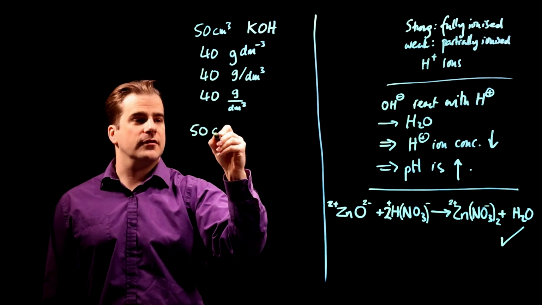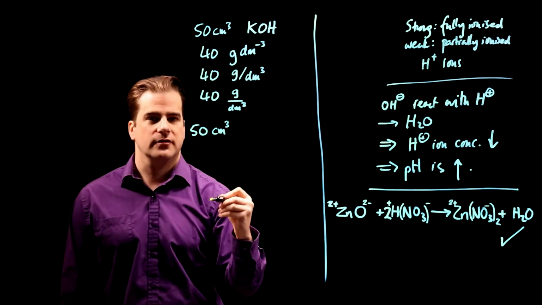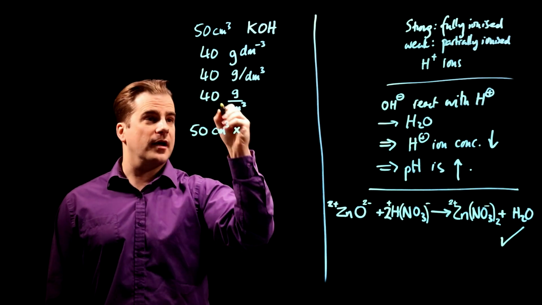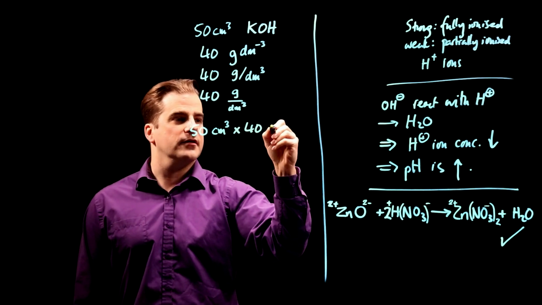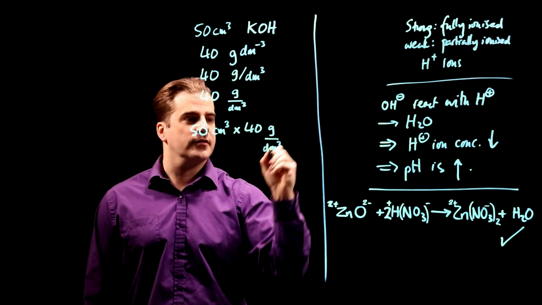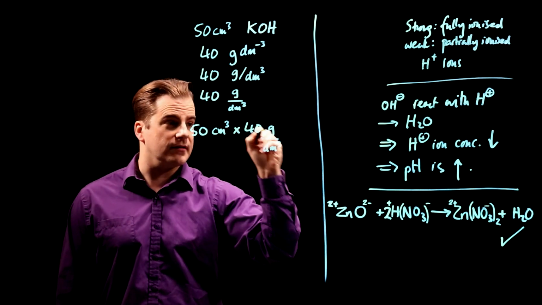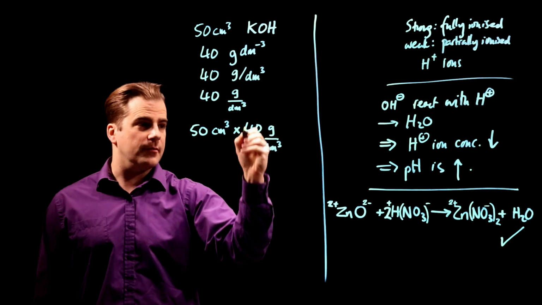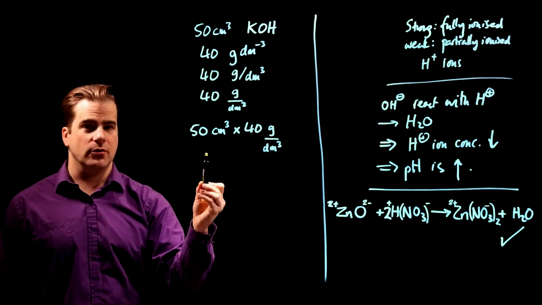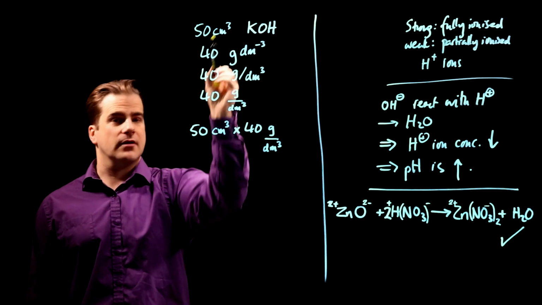If you have cm cubed on the top, which is volume, and you multiply by 40 g per dm cubed, okay? We've got volume on the top, volume on the bottom, they will cancel and we're just left with grams. So that's how you know to multiply in this case, by looking at the units. Right?